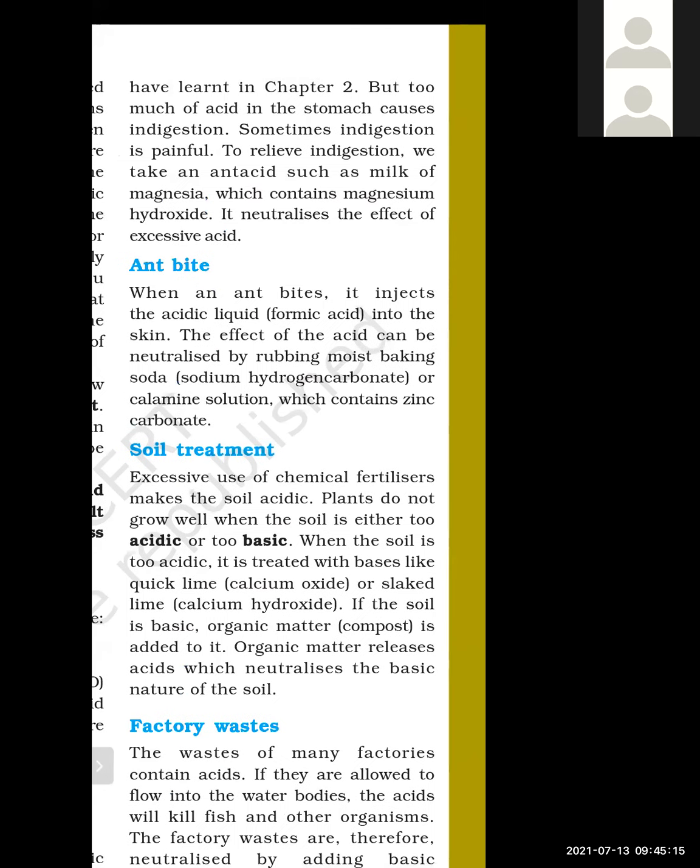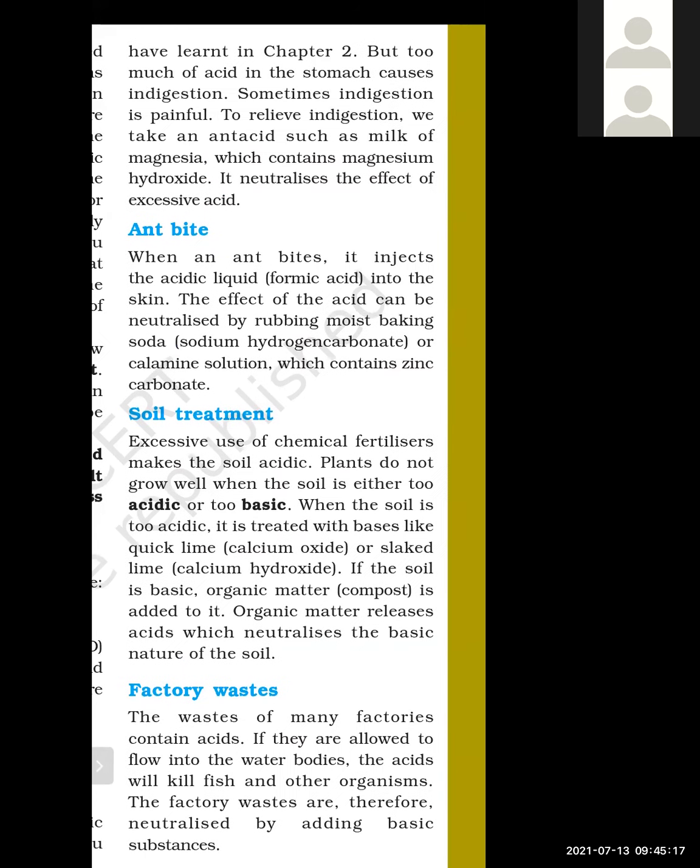But too much acid in our stomach causes indigestion. Indigestion means acidity. Sometimes indigestion is painful. To relieve indigestion, we take an antacid such as milk of magnesia. Milk of magnesia is a basic substance, magnesium hydroxide.